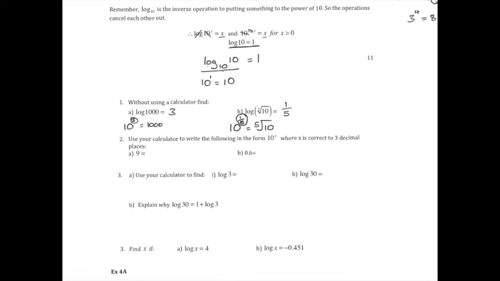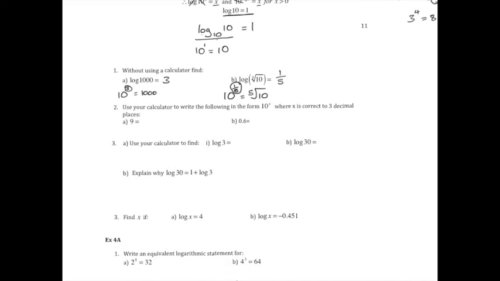Okay, now question 2. Use your calculator to write the following in the form of 10 to the x, where x is correct to 3 decimal places. Okay, so basically, we're going to use the fact that log and the exponential 10 to the power of something cancel each other out. So remember that 10 to the power of log of anything, x, cancels each other out and just leaves x.